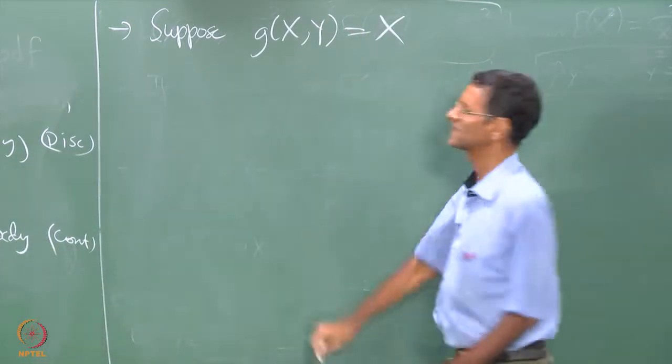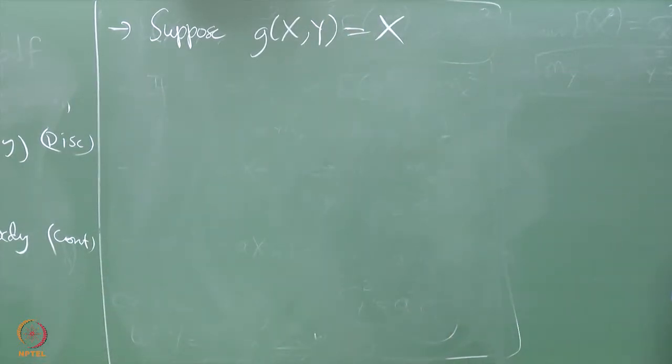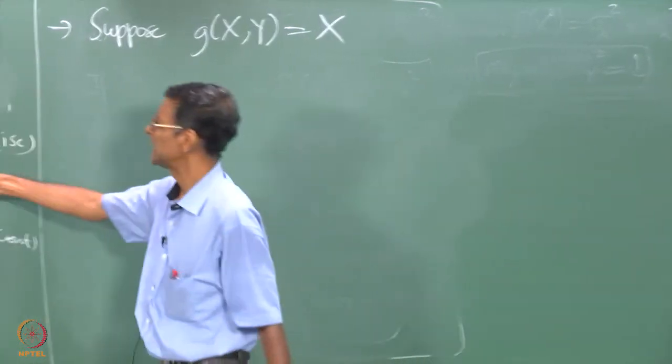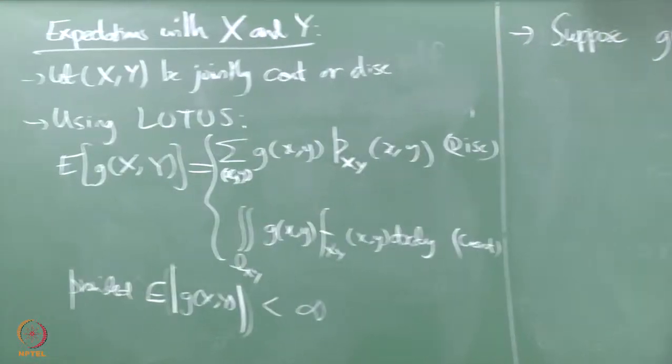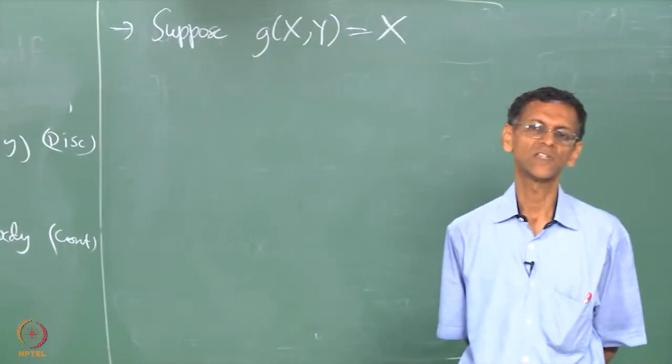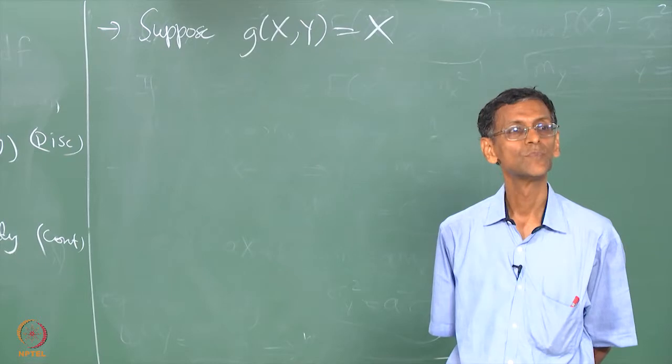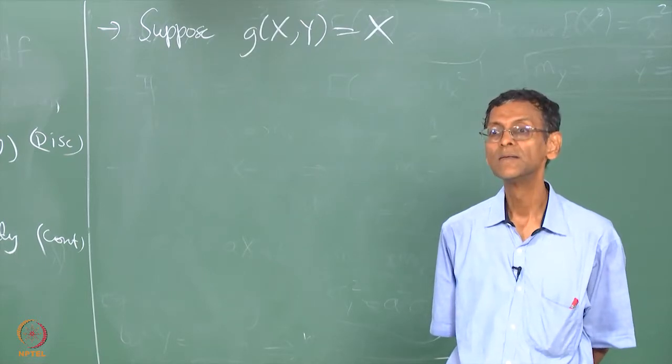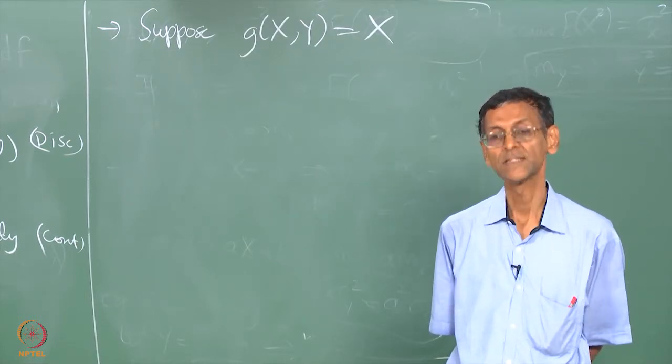Is this definition consistent with what we wrote earlier, in the sense that they both give the same E of x? What would be your answer to that? Yes, they give the same answer.